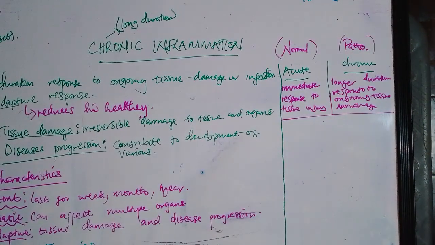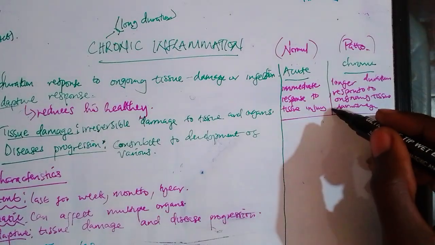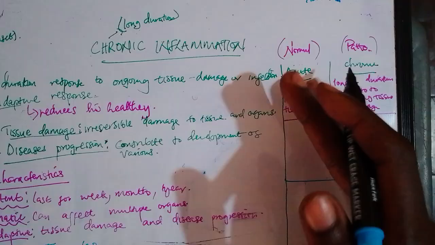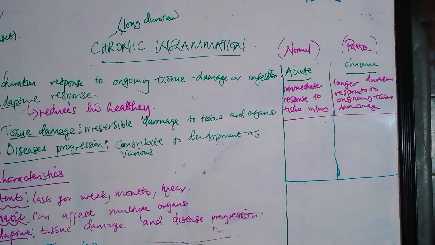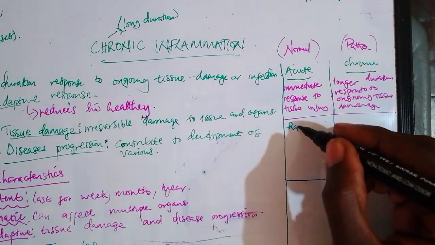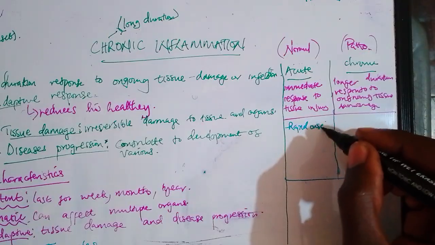So you are done with your definition. Next, you move on to the characteristics. What are some of the characteristics? How can you distinguish acute from chronic? So we said that acute has rapid onset.